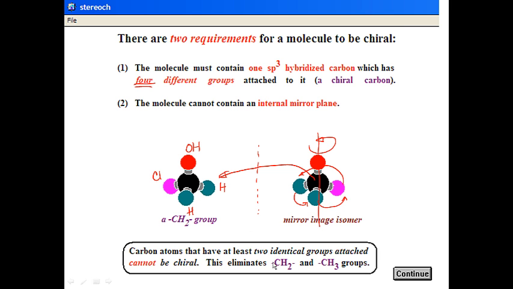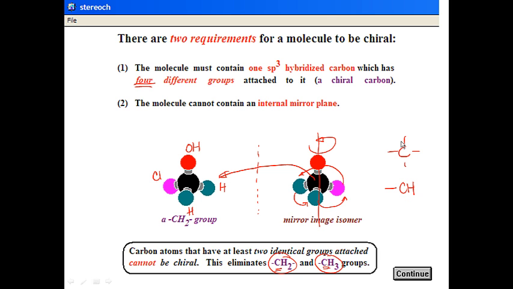So that means that you can never have a CH2 group have a chiral carbon, and the carbon of a CH3 group cannot be a chiral carbon. The only groups that are left are CHs and quaternaries. And a quaternary carbon is one with 4 groups attached to it. Those are the only possibilities.